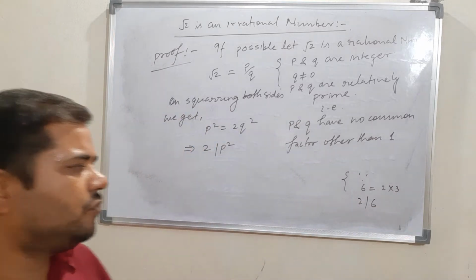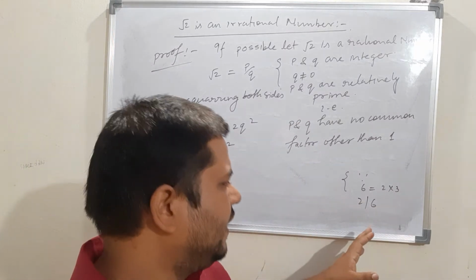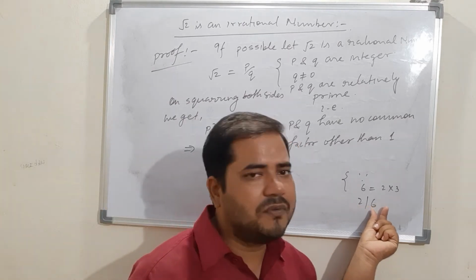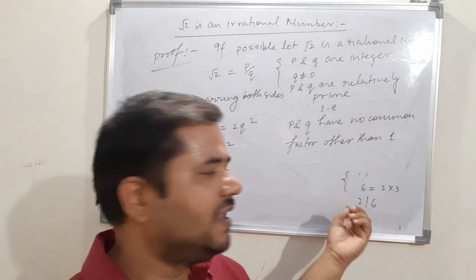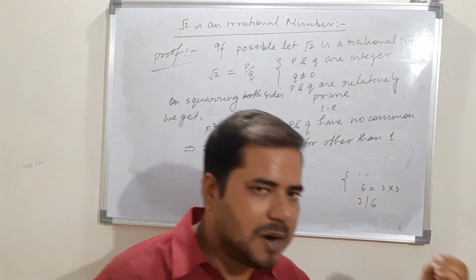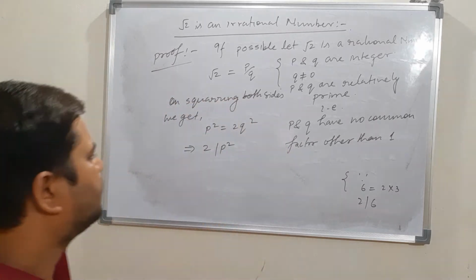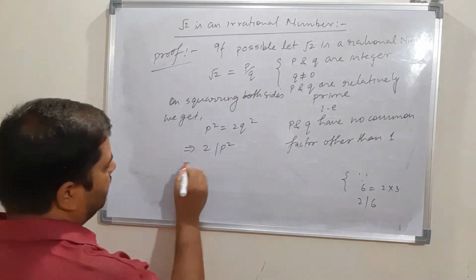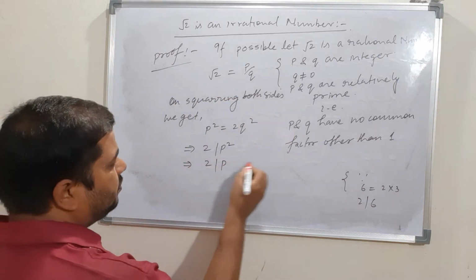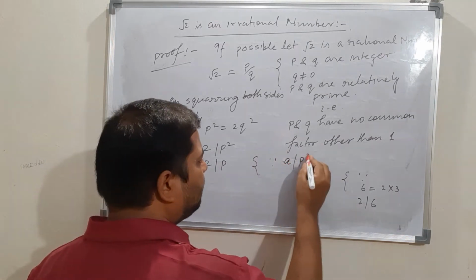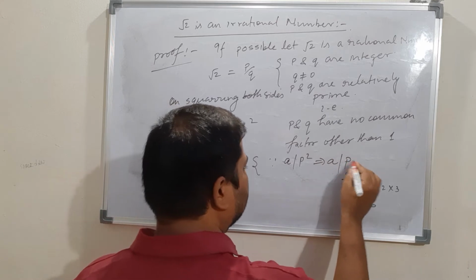If we write 6 as 2 into 3, it means 2 divides 6, that is, 6 is completely divisible by 2. So 2 divides p square. This means 2 divides p. Why? Since we know that a divides p square implies a divides p.